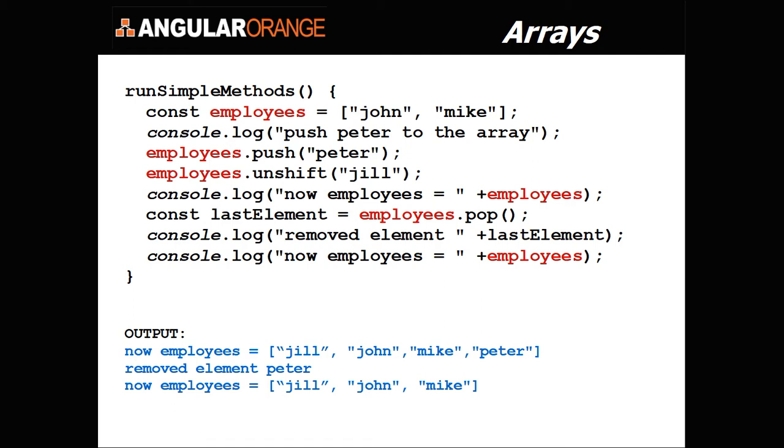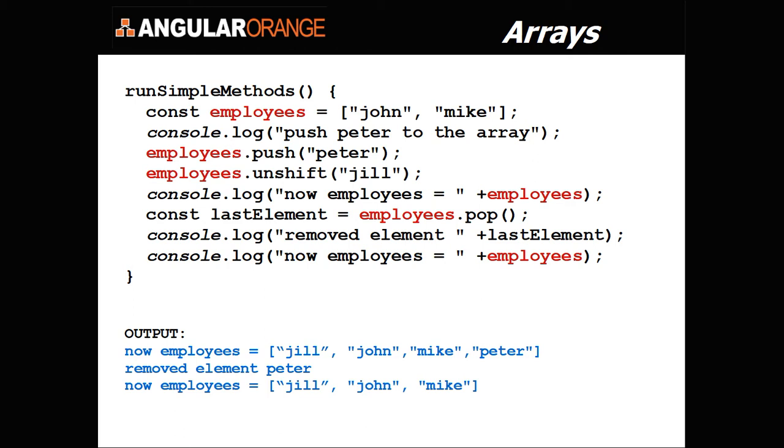Okay, if you look at a simple method, you have an example where I do a constant employees equal John and Mike. So I'm using the array literal to define employees, and then what I could do is I push Peter to the array, and so I could push a string to the array. So I do employees.push Peter.